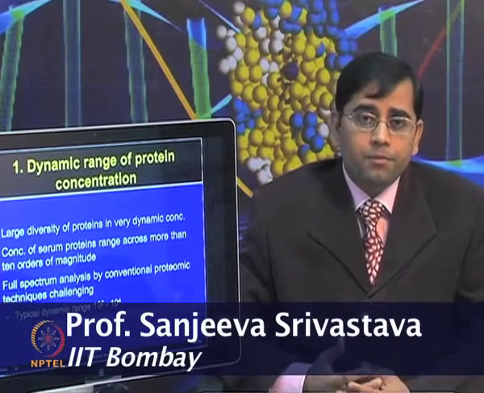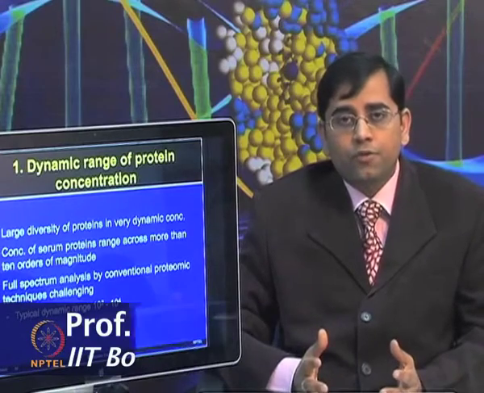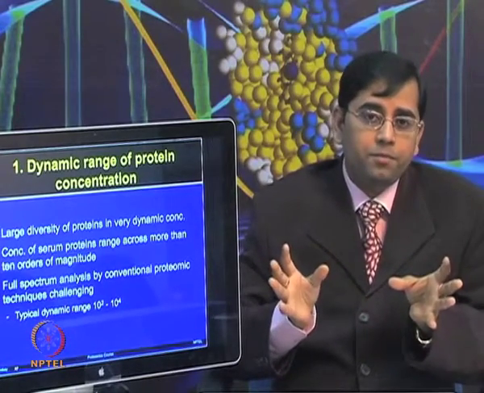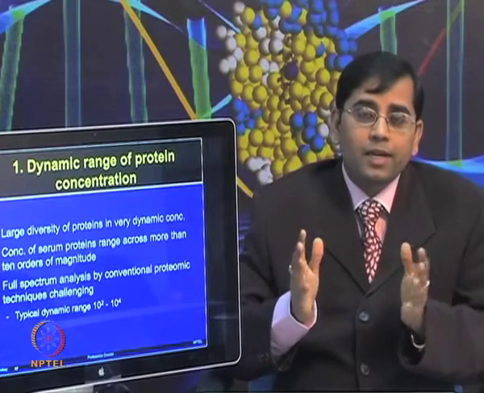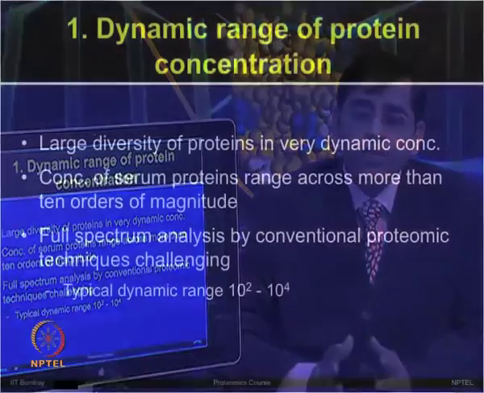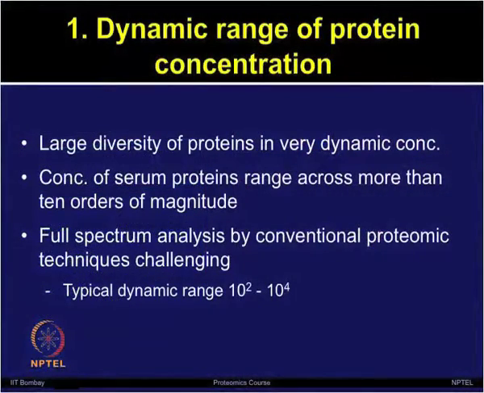In serum, there is a large diversity of proteins which provide a very dynamic environment of almost 10 to the power 10 magnitude. So, the concentration of serum proteins ranges more than 10 orders of magnitude.